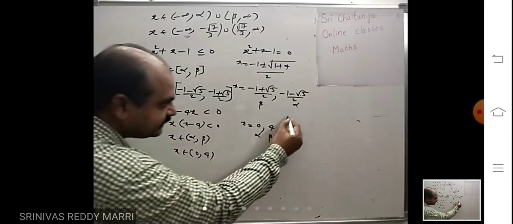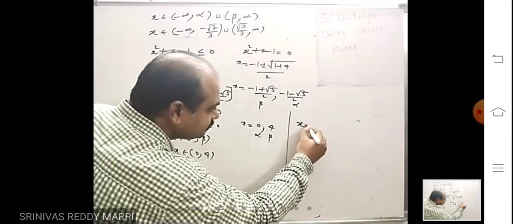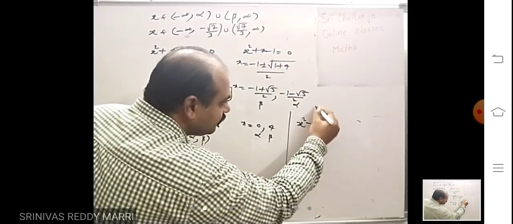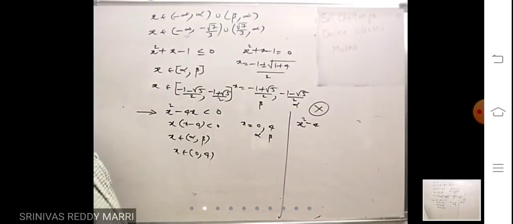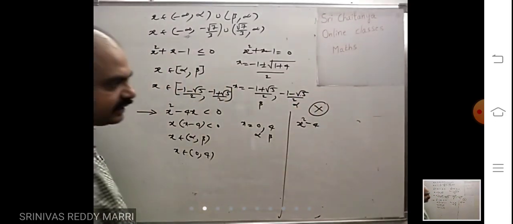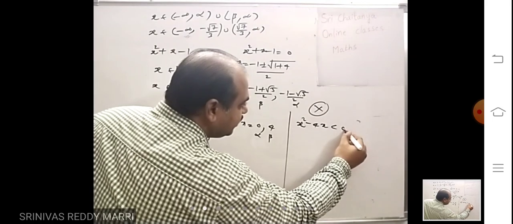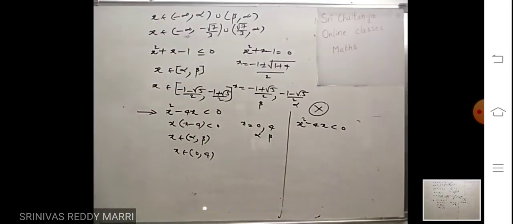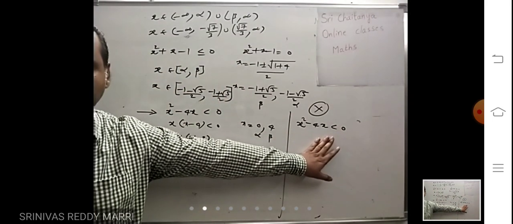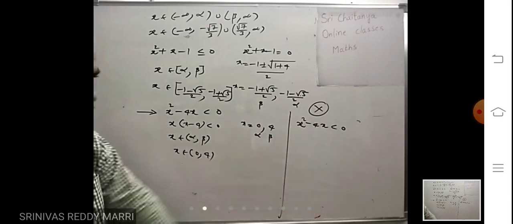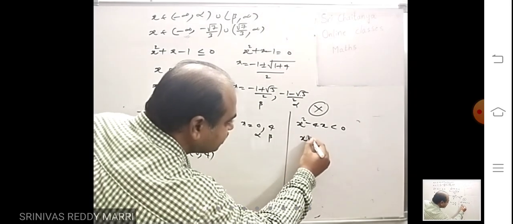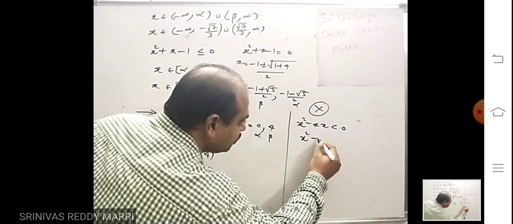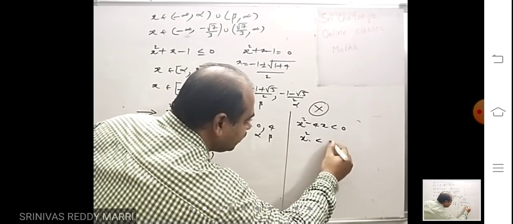Some people will do it like this, which is wrong. After listening to this, if you have any doubt, you ask. I have given x square minus 4x. Listen carefully. Some people will write x square less than 4x.